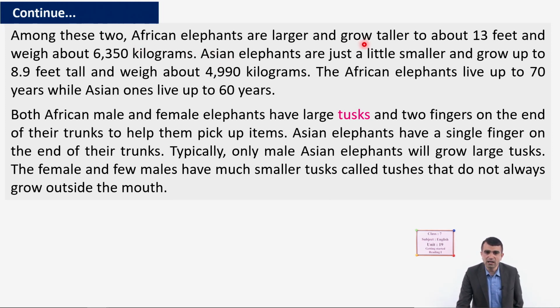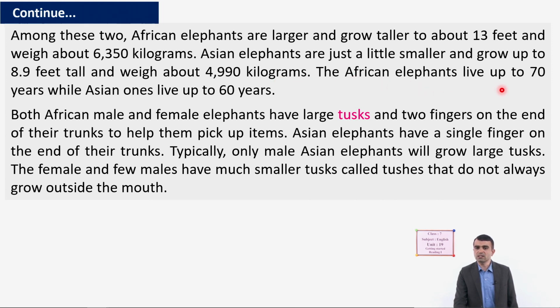African elephants are larger and grow taller to about 13 feet and weigh about 6,350 kilograms. Asian elephants are just a little smaller and grow up to 8.9 feet tall and weigh about 4,990 kilograms.